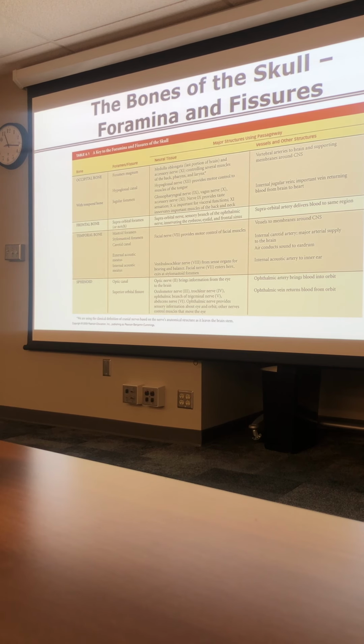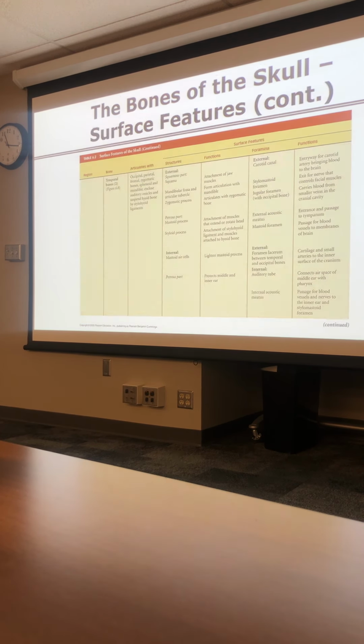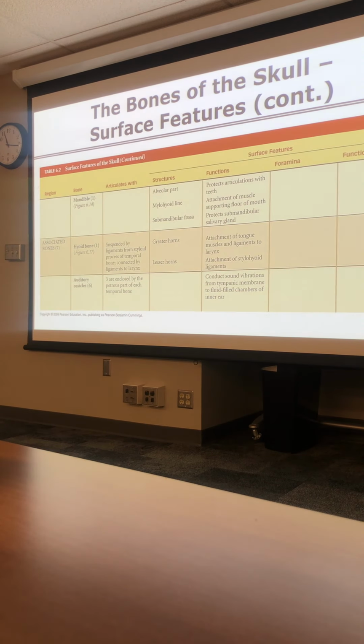It goes through each bone, talks about different fissures, foramina that are associated with it, and what structures go through them. First talking about the cranium here, and then talking about the face. If you're more of a table person, that'll be useful.